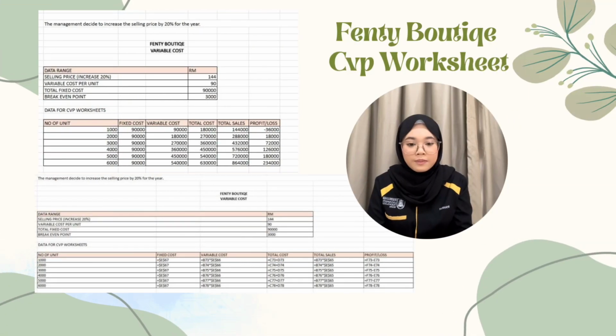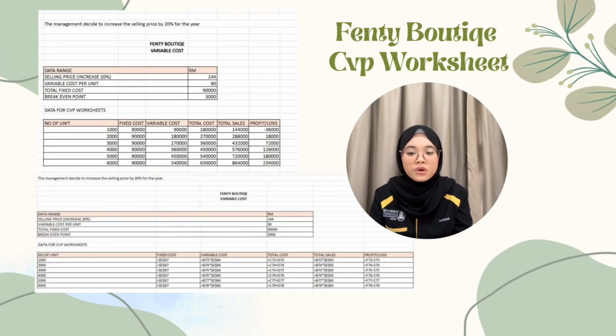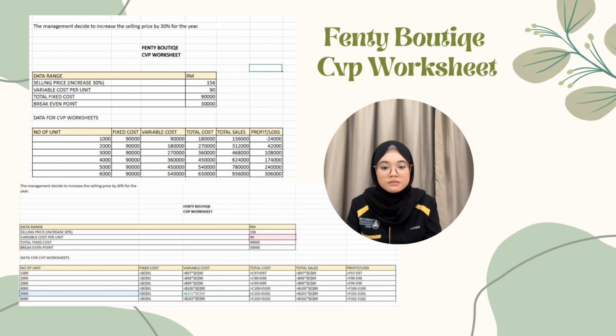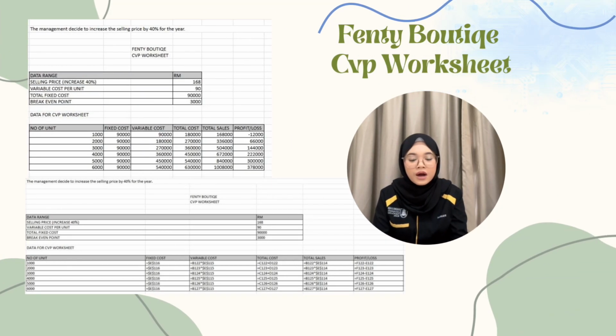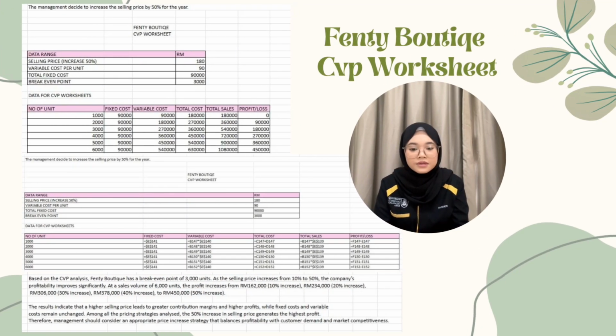A 20% increase moves it to RM144. A 30% increase bumps it to RM150. A 40% increase brings it to RM160. A 50% increase brings our kebaya price to RM180 per unit. Let's look at the final summary of our findings in the picture.